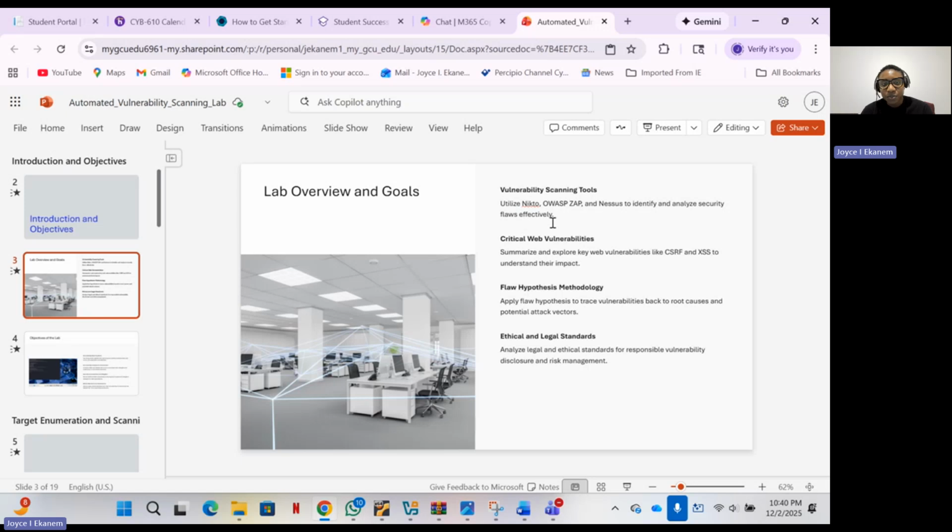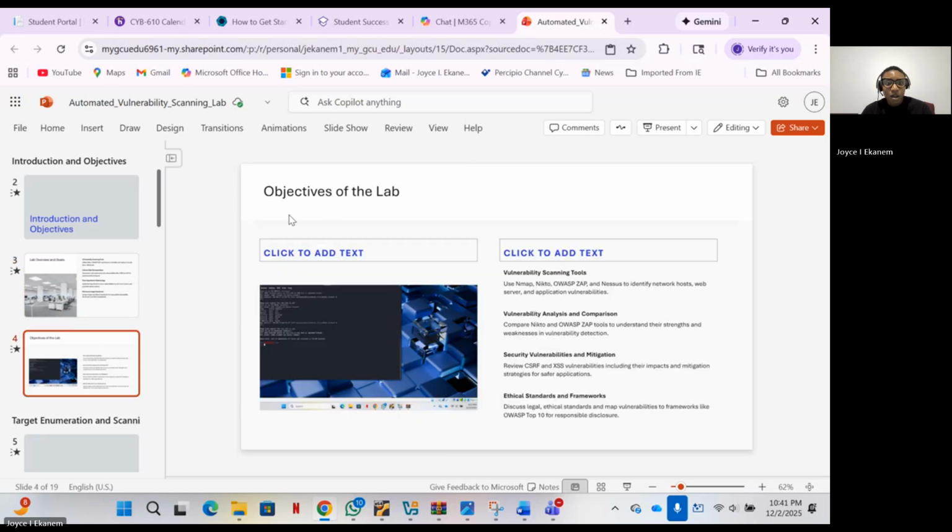Vulnerability scanning tools, the tools that were used in this walkthrough. We utilize Nikto, OWASP ZAP, and Nessus to identify and analyze security flaws effectively. Then we have the critical web vulnerabilities, flaw hypothesis methodologies, ethical and legal standards. Objectives of the lab.